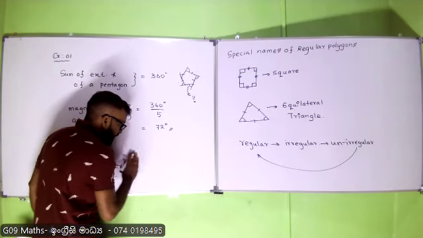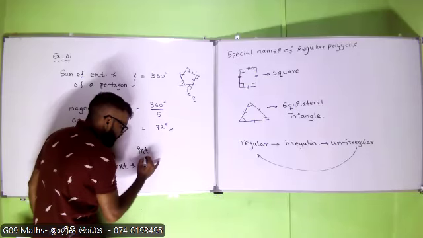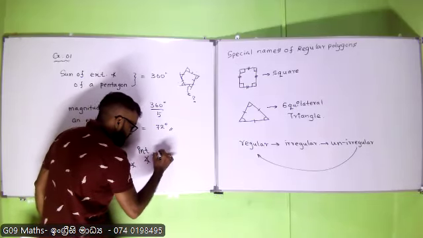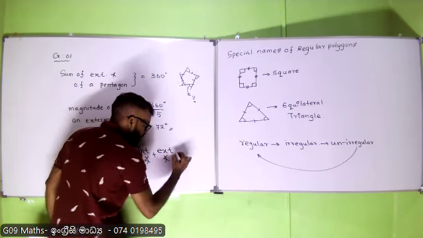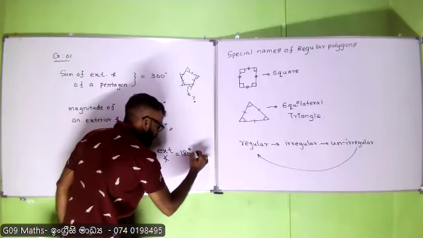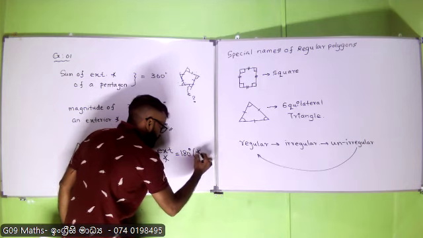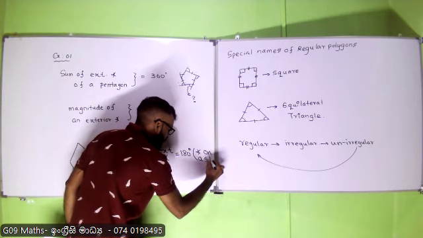Interior angle plus exterior angle equals 180 degrees. What is the reason? Angles on a straight line.